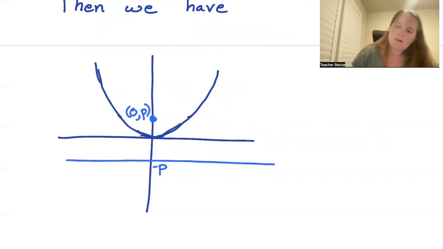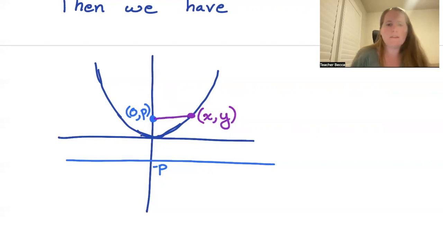Note any point x, y on the parabola must satisfy that the distance from 0, P to x, y is the same as the vertical distance from x, y down to the line y equals -P.